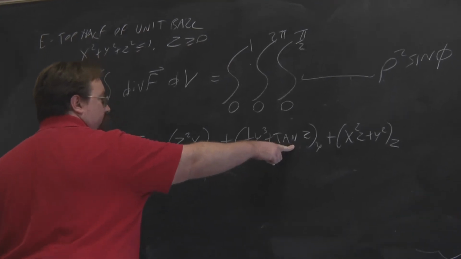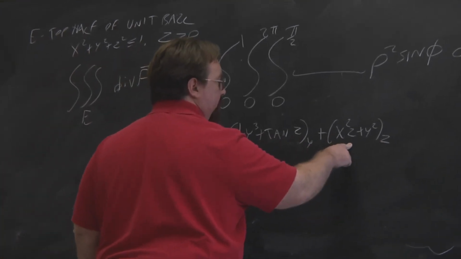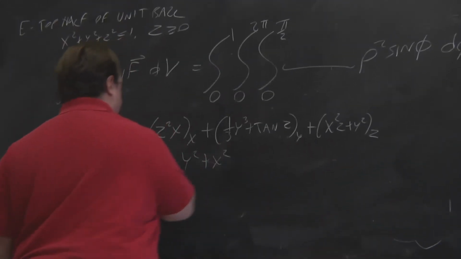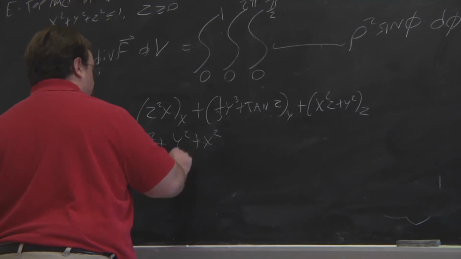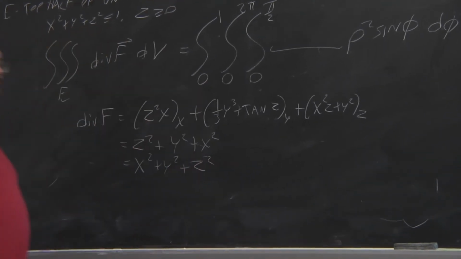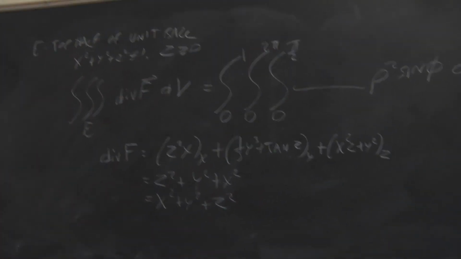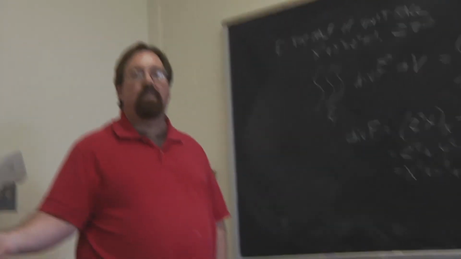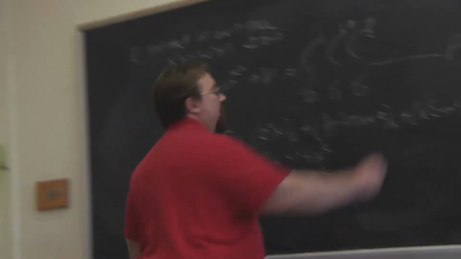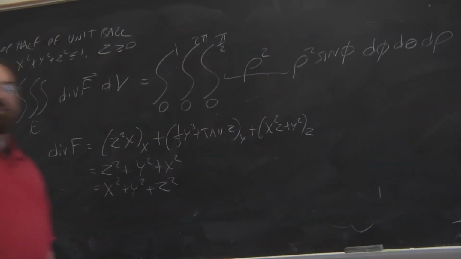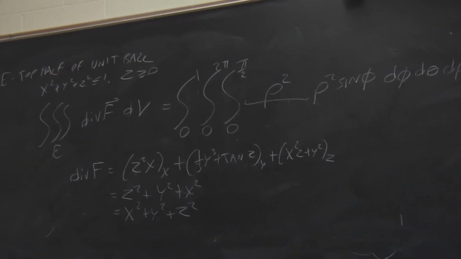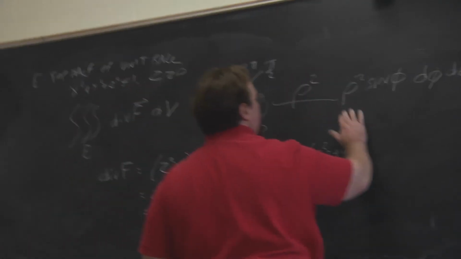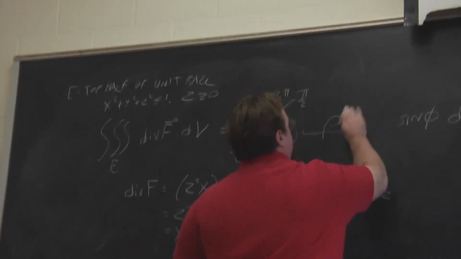This will go to 0. And then here, the derivative with respect to z, that's going to go away. We'll just get x squared. So, worked out something nice: x squared plus y squared plus z squared, which in spherical coordinates is what? Rho squared. Yes. So that is all that's going to go in here. So this is a relatively harmless integral to evaluate. So I'll just combine these rows, and we get rho to the 4th.